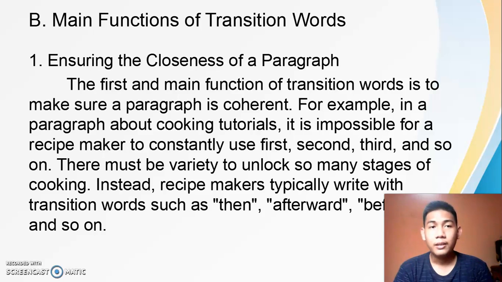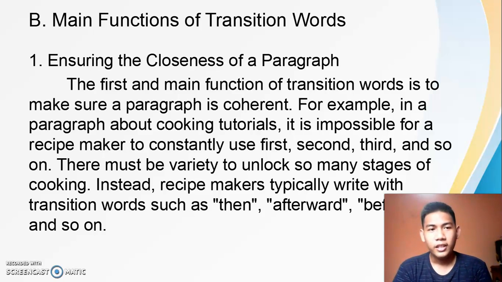Next, the main functions of transition words. I have two very important main functions. First, ensuring the coherence of the paragraph, because the first main function of transition words is to make sure a paragraph is coherent.